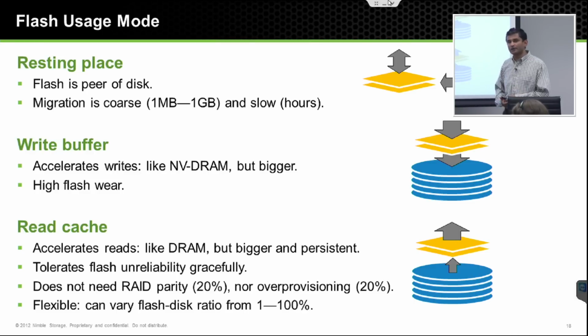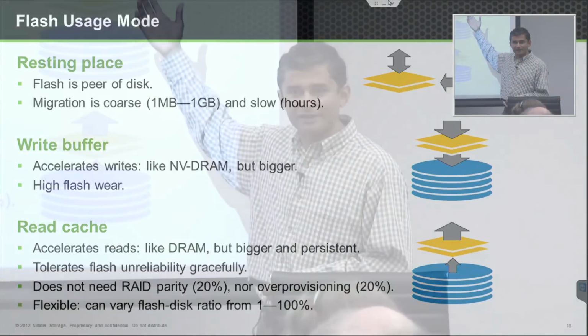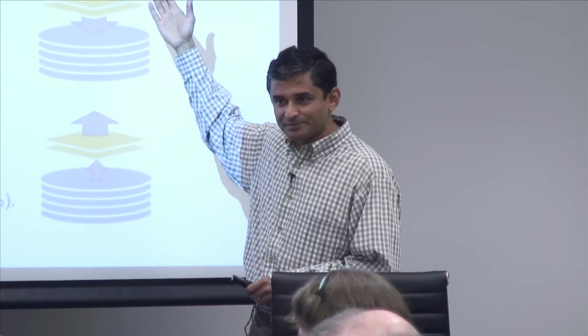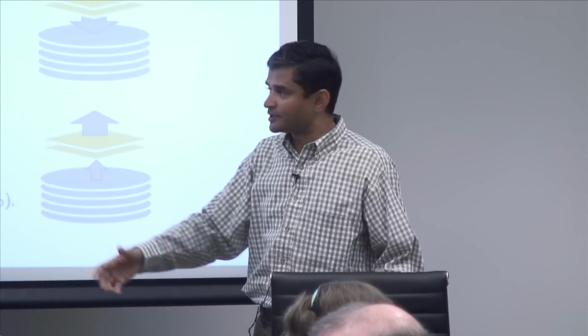That causes extra I/O. And because it is expensive, the systems don't do it very often. They have a very high bar for migrating data. So typically they react in hours or days. And what that means is that if you have a workload that's changing, you are forced to put most of your data set in flash to guarantee good performance, which defeats the purpose of having a two-tier system, because now you need a larger flash tier.